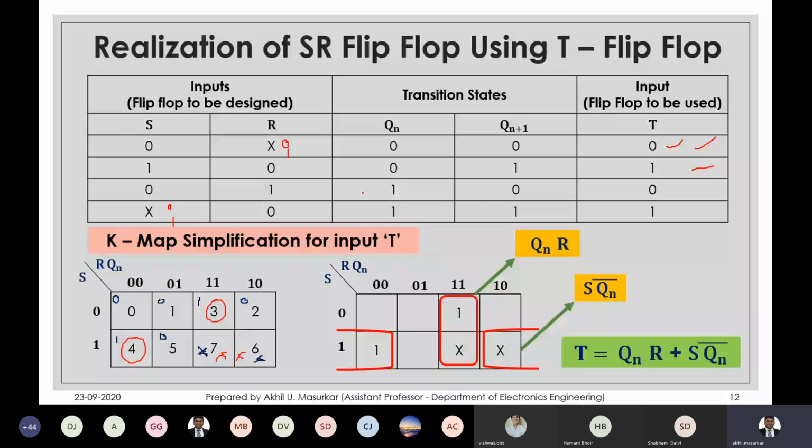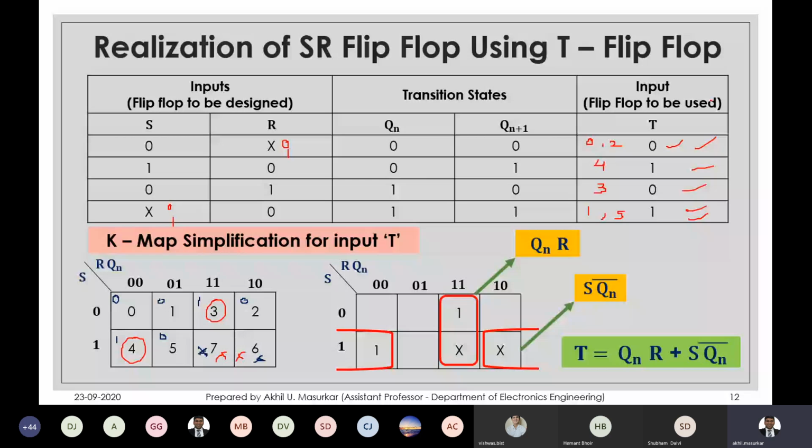So the first two covers the positions 0 and 2. The second one covers the position 4. Then this is 3 and this is 1 and 5. So you can see that 7 and 6 have to be don't care.